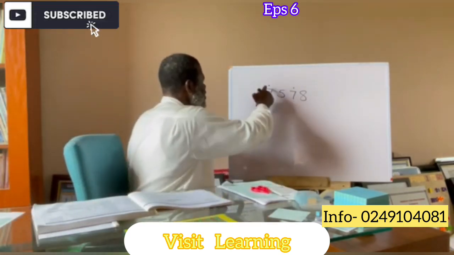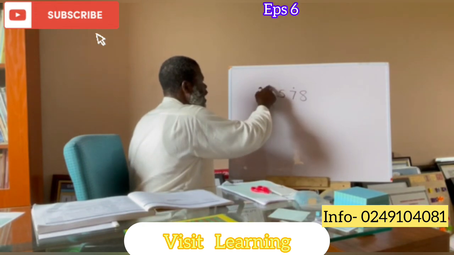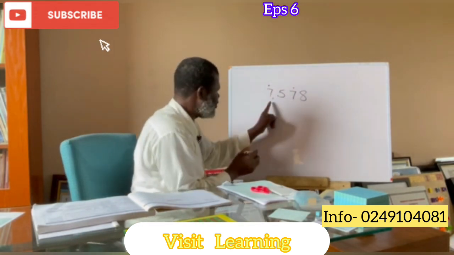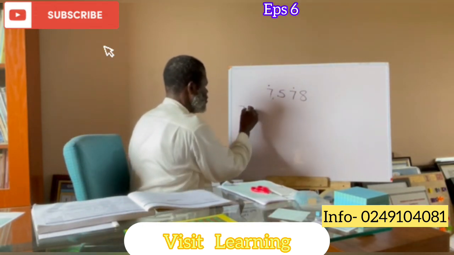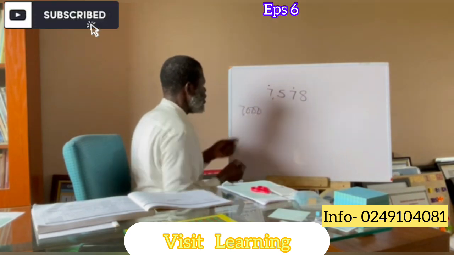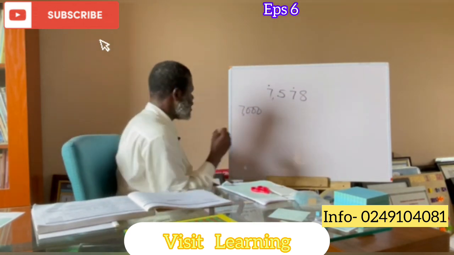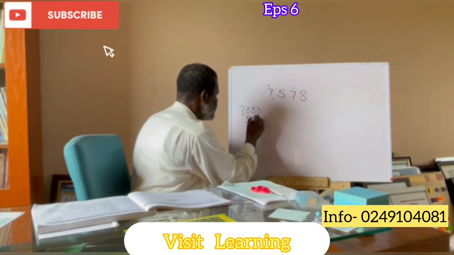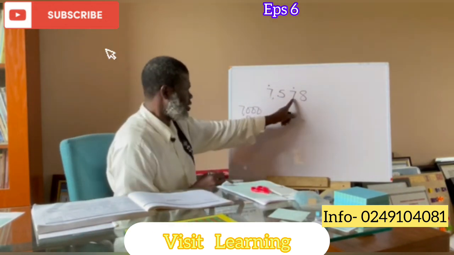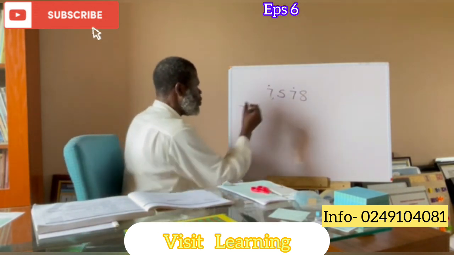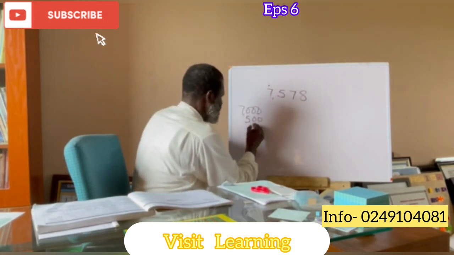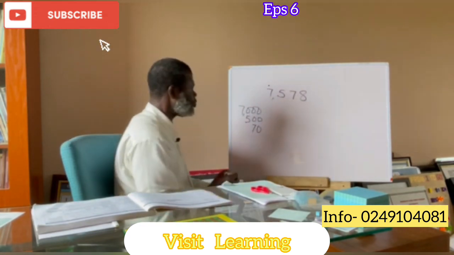Right. So the 7 here is occupying the thousands place, so its value is 7,000. The 5 here is occupying the hundreds place, so its value is 500. This second 7 is occupying the tens place, so it has a value of 70.